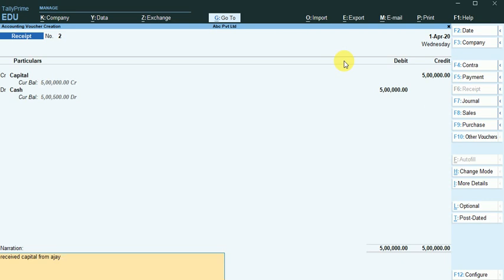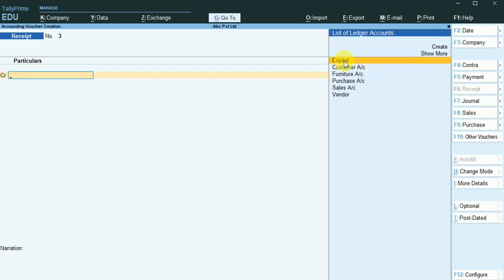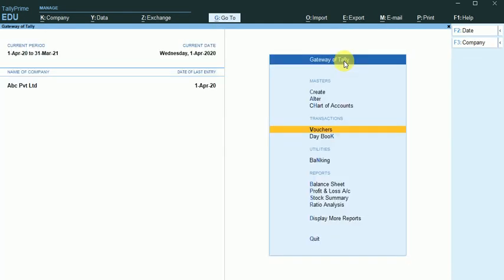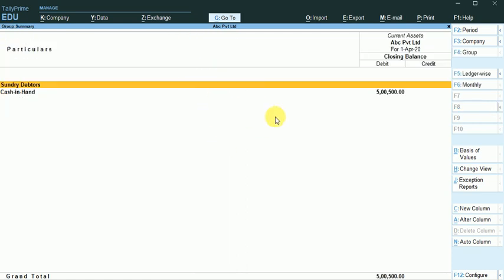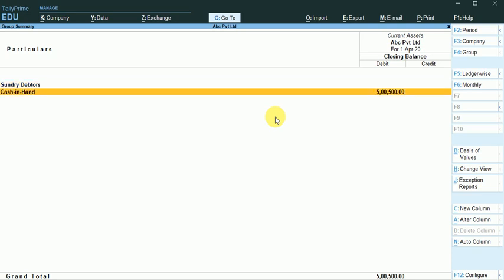The narrations, and I'm accepting the voucher. Now my balance sheet shows the 5 lakh rupees as my capital account. So the current assets, I have 5 lakh and 500 rupees in my hand as cash in hand.